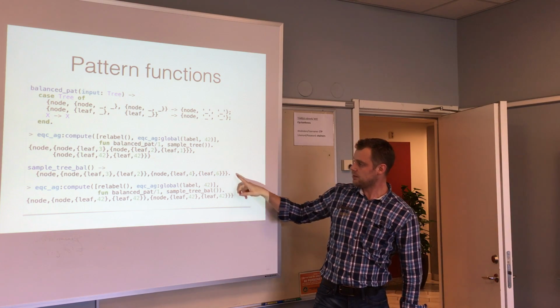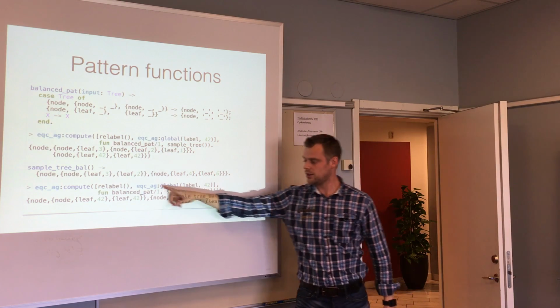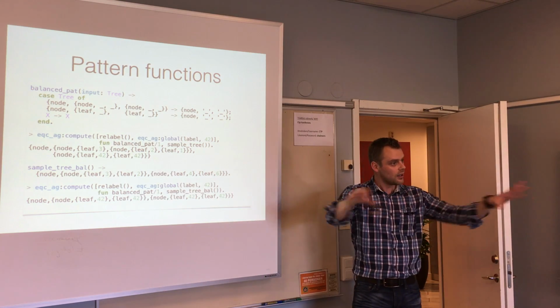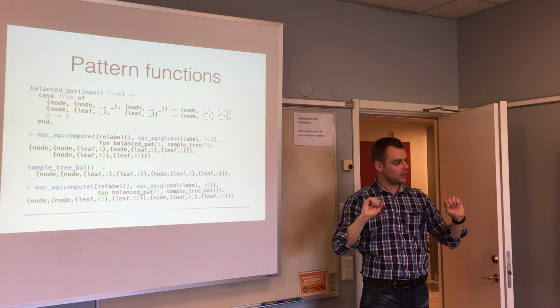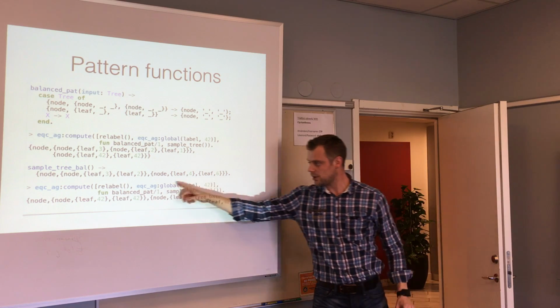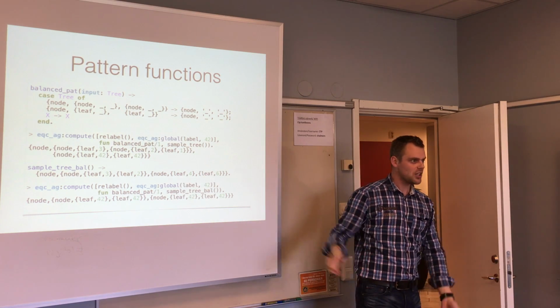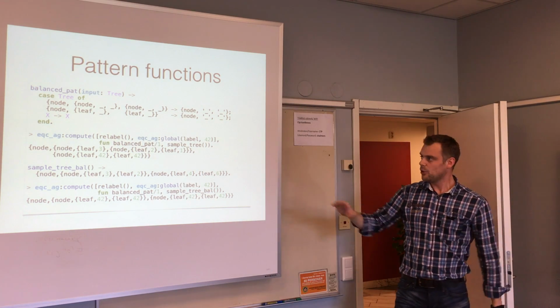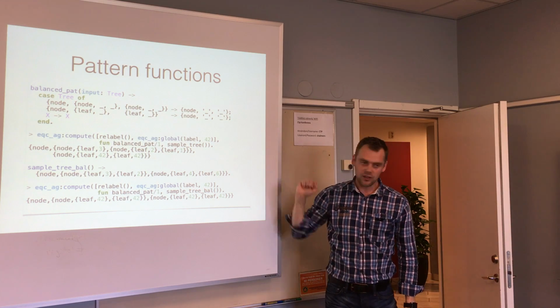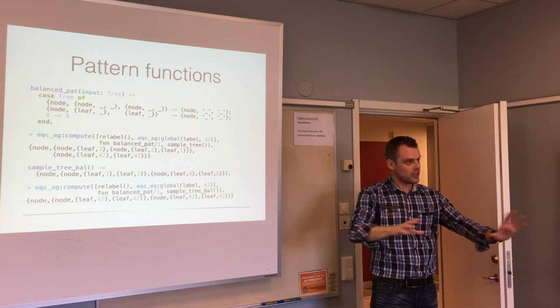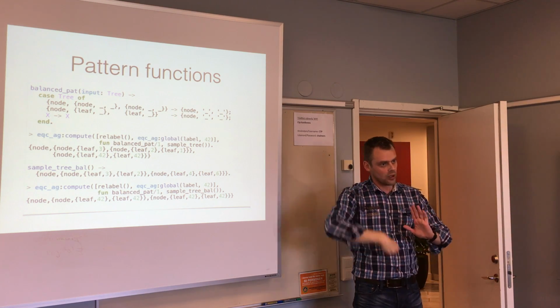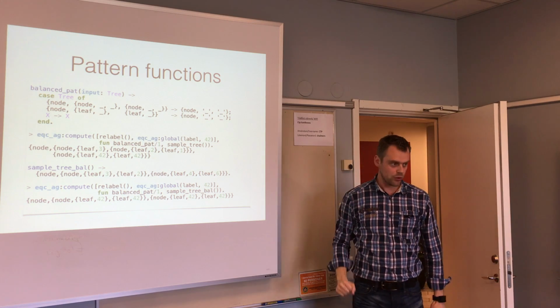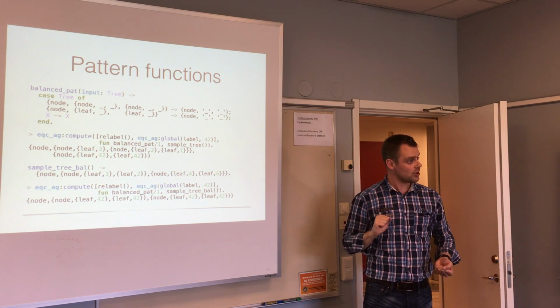Whereas if we have a perfectly balanced tree and we use the balance pattern, then it matches and we get the placeholders in the right places and we can do the relabeling. It's a bit contrived, but with the pattern function, you can steer what is interesting in your data structure, on what places you want to have the attributes available.